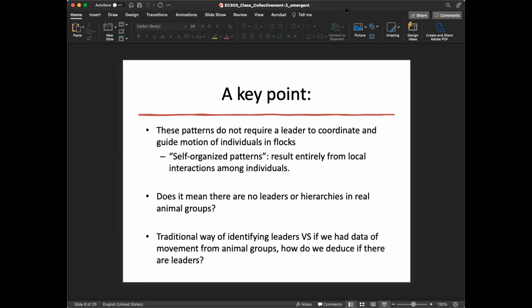For example, if there was a big individual guiding the motion, then you can deduce leadership, or an influential individual. But if there isn't something like that, it becomes very difficult. So is there a way to deduce if there are leaders in groups if we had lots of very good data? Let's ask this question.